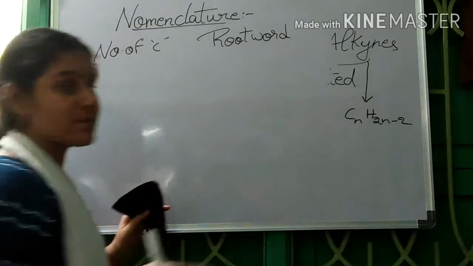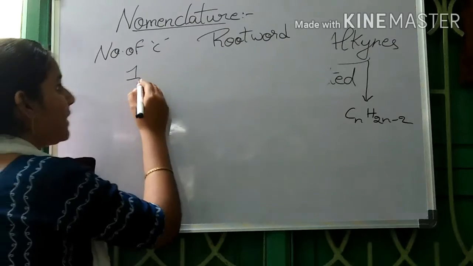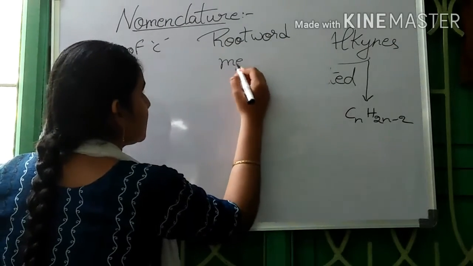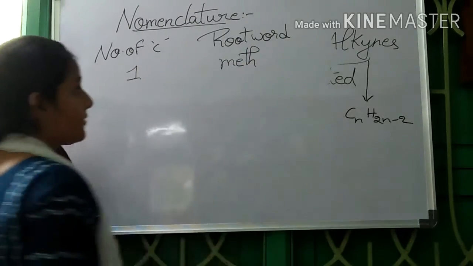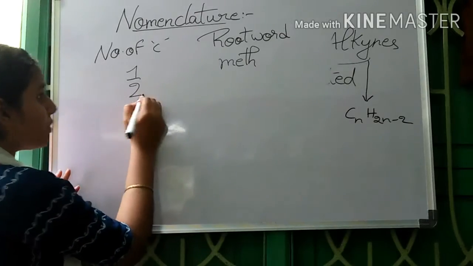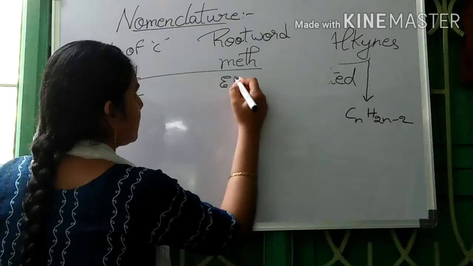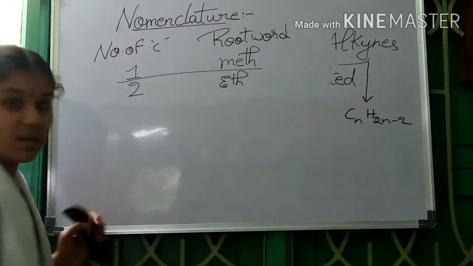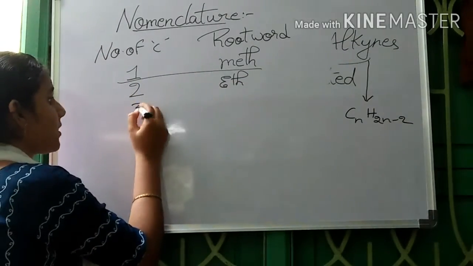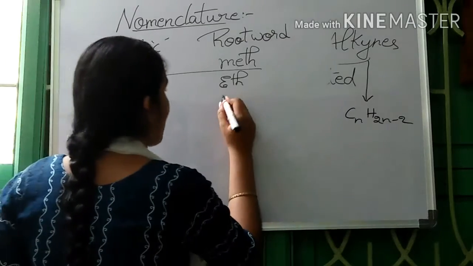If the number of carbons is 1, the root word will be meth. If the number of carbons is 2, the root word will be eth. If the number of carbons is 3, the root word will be prop.